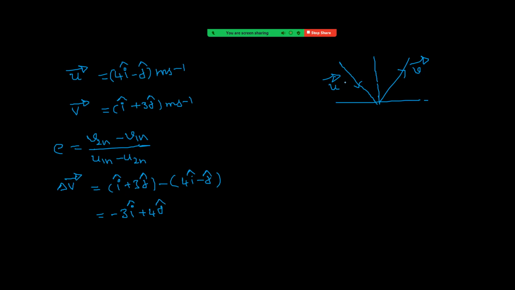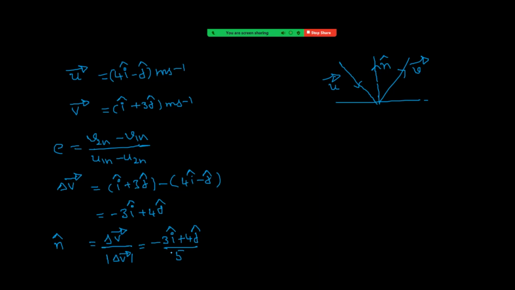Okay. We want the components of these velocity vectors along the common normal. Let us take this direction as n cap. So n cap is the direction given by delta v bar by modulus of delta v bar. Okay. Because velocity changes only along the common normal. Therefore, this is minus 3 i cap plus 4 j cap upon the modulus value, which is 5.